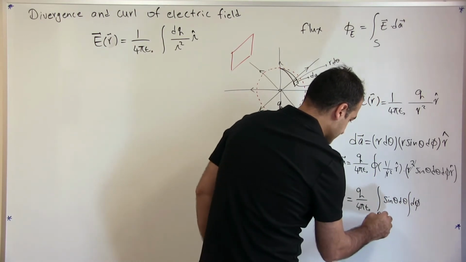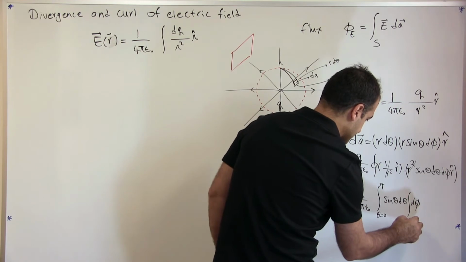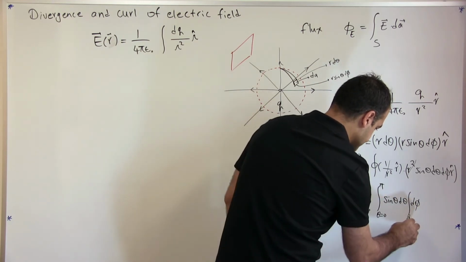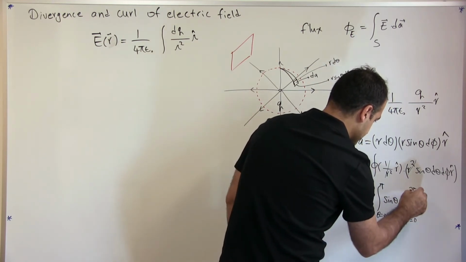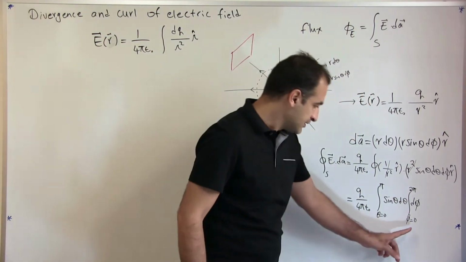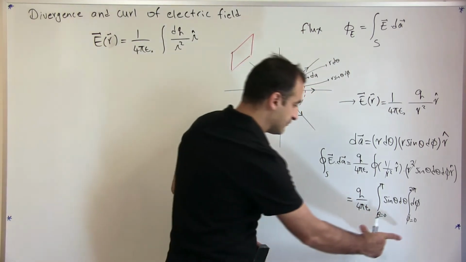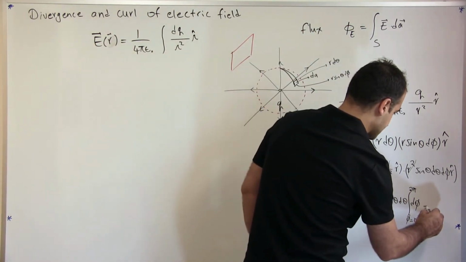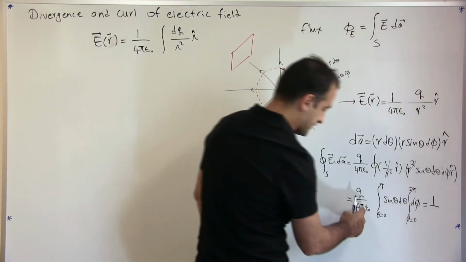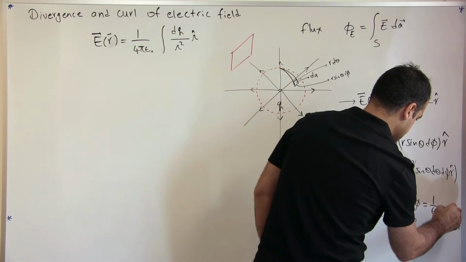Theta runs from 0 to pi, and phi runs from 0 to 2 pi. So from one of them you get 2, from the other one you get 2 pi. Combined, you get 4 pi from these two integrals, and that cancels with the 4 pi in the denominator. Here we get 1 over epsilon 0 times q.